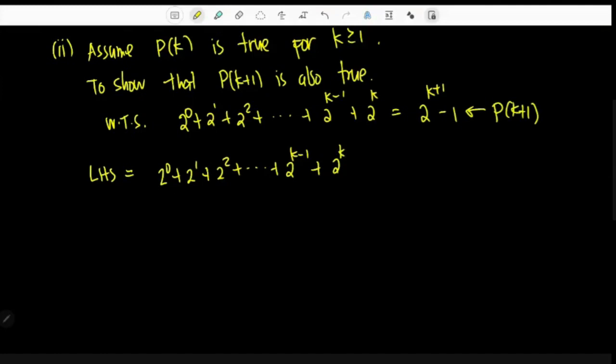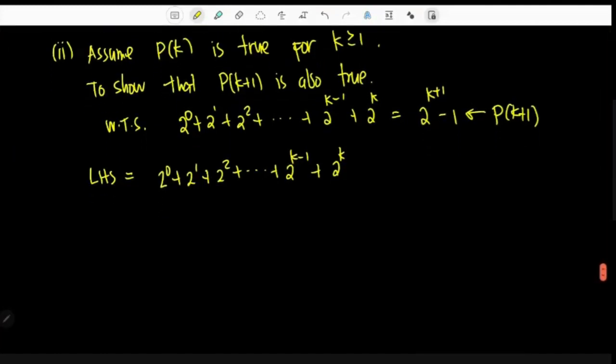But recall that our assumption is that P of k is true. So from our assumption, the first k powers, from 0 to k minus 1, sum to 2 to the k minus 1. Then we rewrite: this should be 2 to the k minus 1 here, plus 2 to the k.